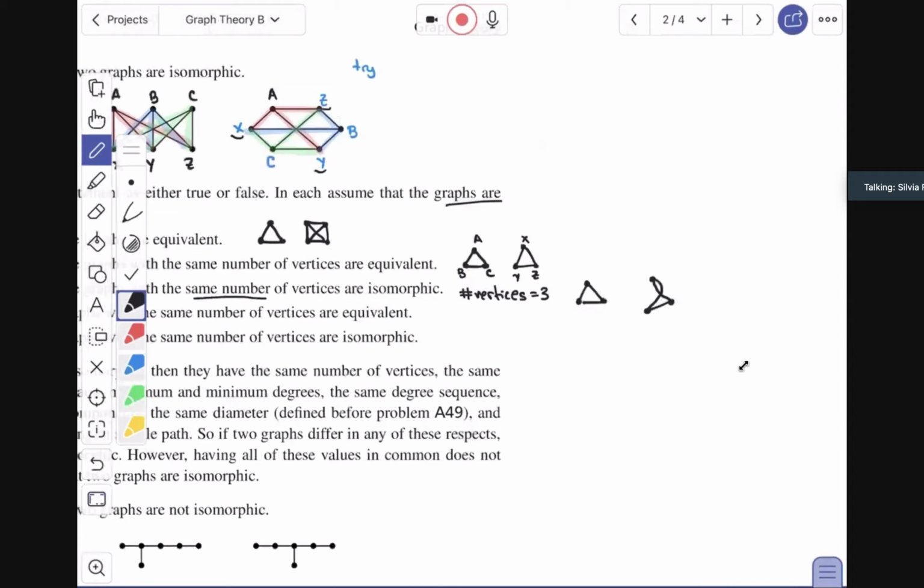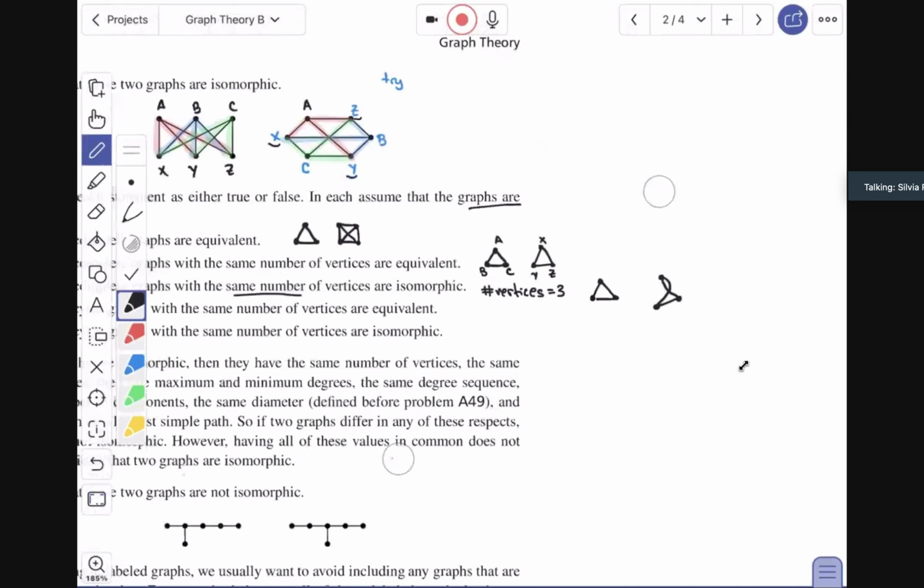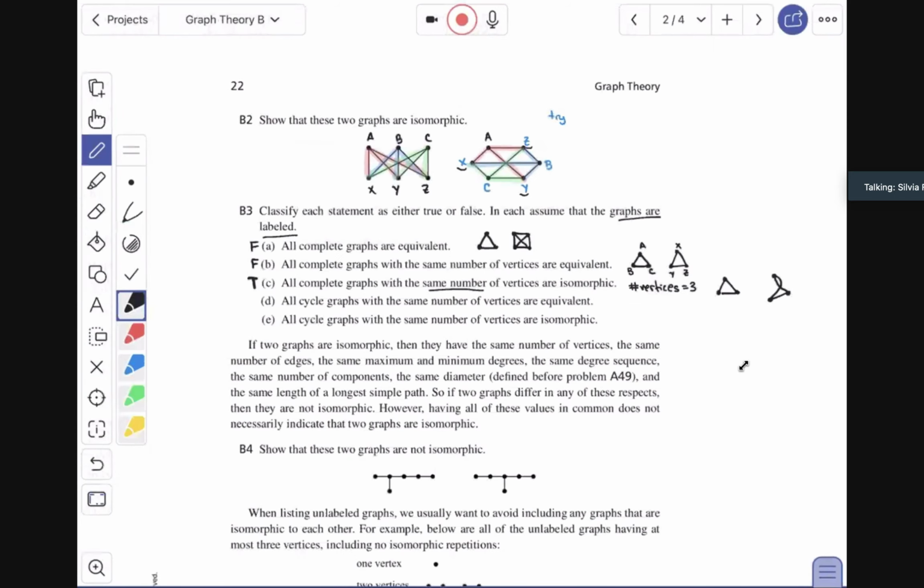Remember, the fact that they're labeled doesn't matter anymore, because isomorphic means that we can forget about the labels and relabel them ourselves to make them equivalent, right? So, yes, these are isomorphic. All the K3s are isomorphic. All the K4s are isomorphic.